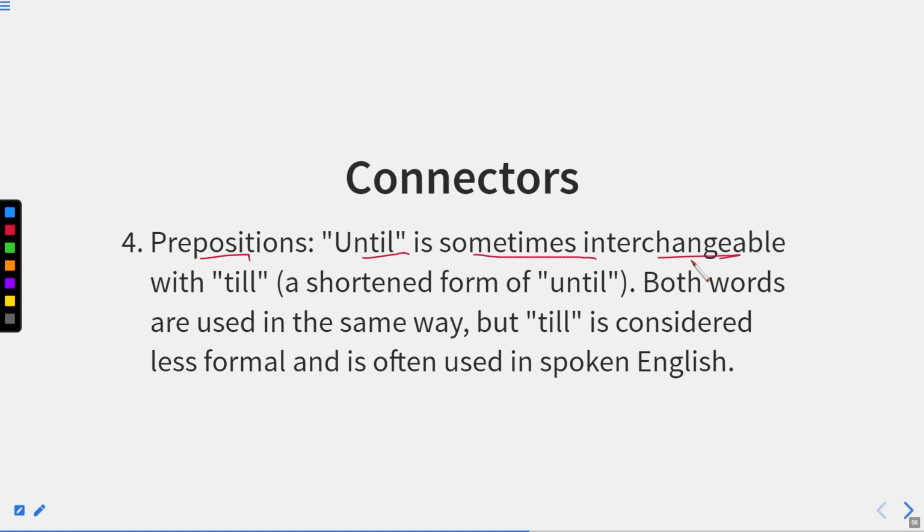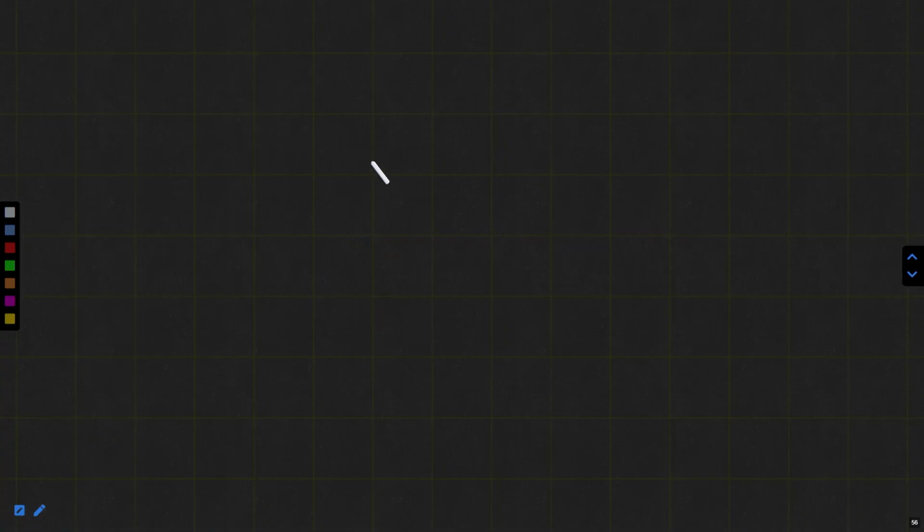Prepositions: until is sometimes interchangeable with till, a shortened form of until. Both words are used in the same way, but till is considered less formal or is often used in spoken English. Now, what is the difference between till and until?